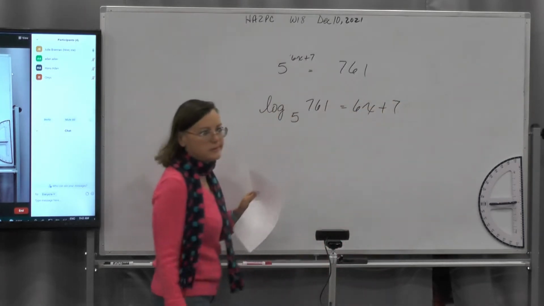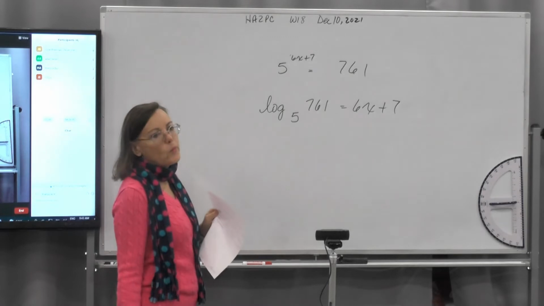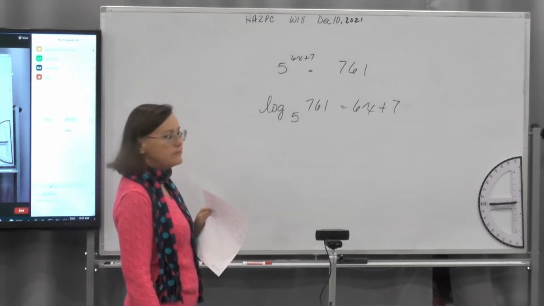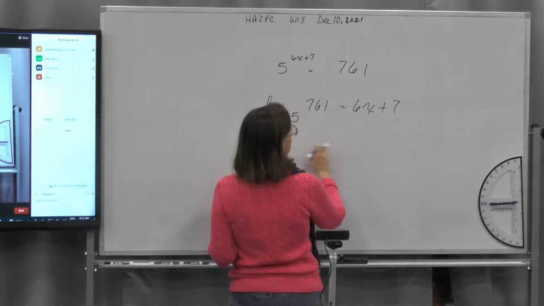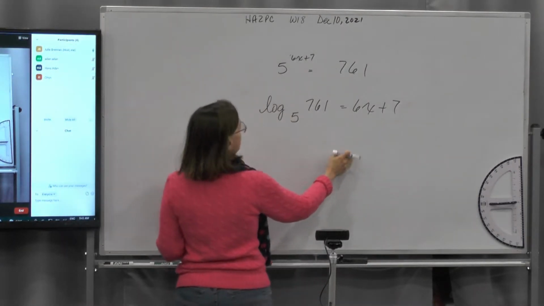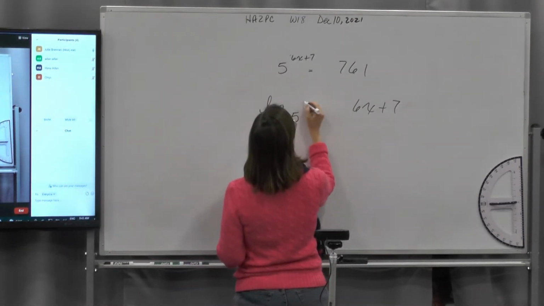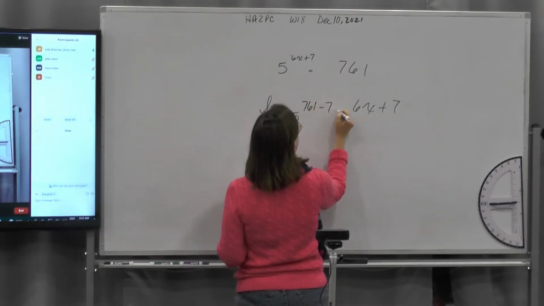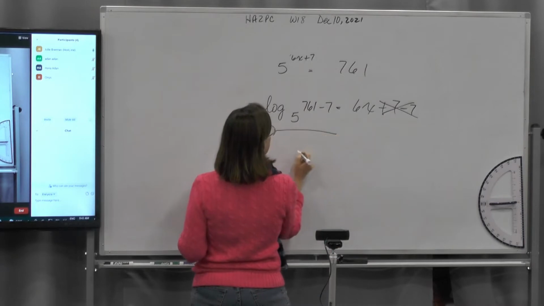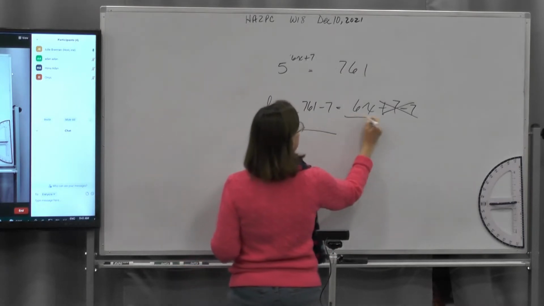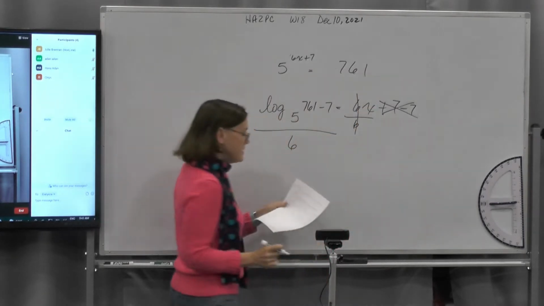It's just simpler, right? Only 1 log to juggle, much less likely to make a mistake. So then I'm going to subtract 7 from both sides, right? Minus 7 gets rid of that. Divide that by 6.